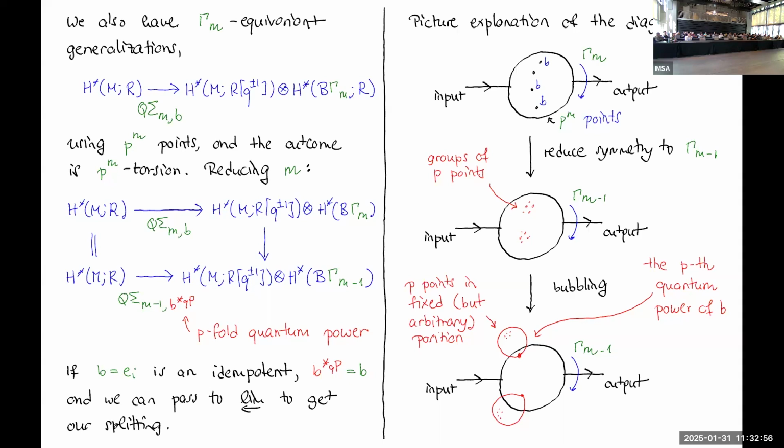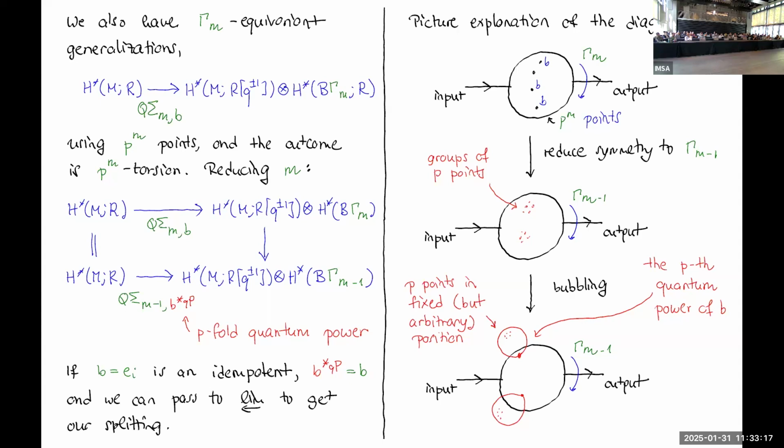Now, in the special case where this is an idempotent, of course, the p-th quantum power of the idempotent is again the idempotent. So in that case, you have e_i here and you have e_i there, and you just have a commutative diagram, which reduces m, and you can pass to the inverse limit.